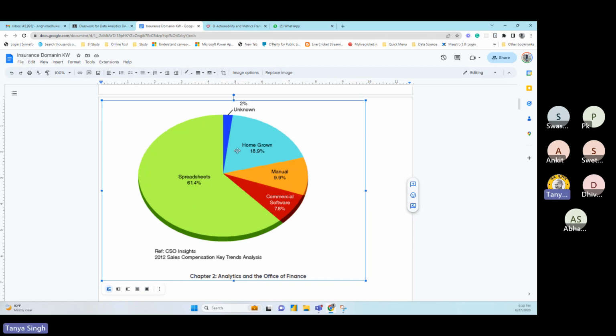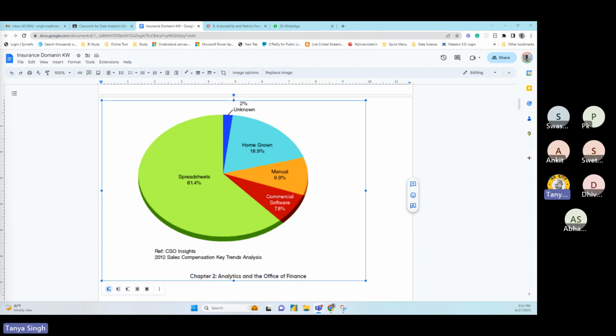The other example is that 2% is unknown, and 18.9% is homegrown software, right? You can see that every company has its own software to manage claims and all that. A lot of insurance companies use off-the-shelf software, like Guidewire, which is very popular.